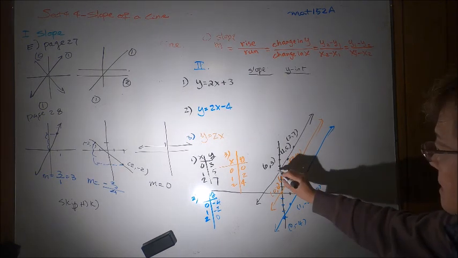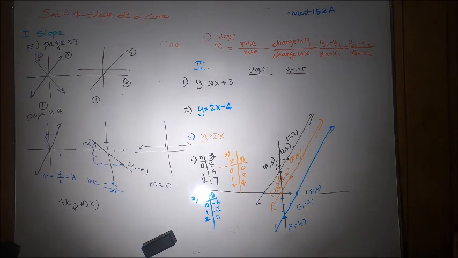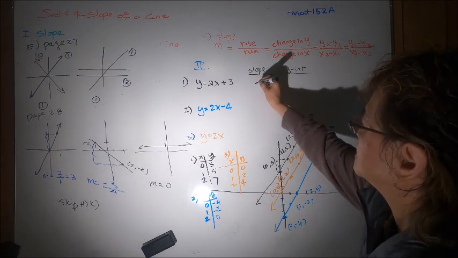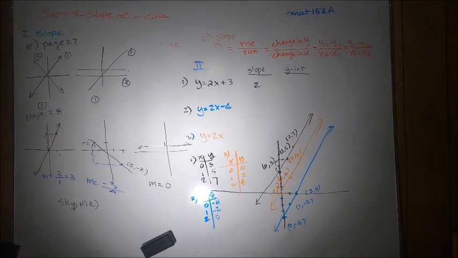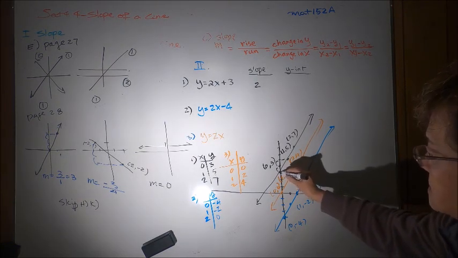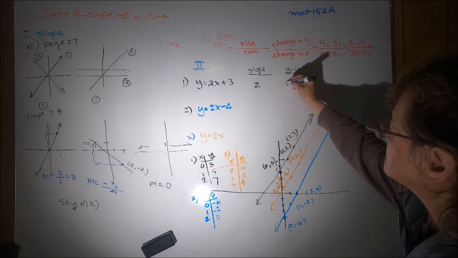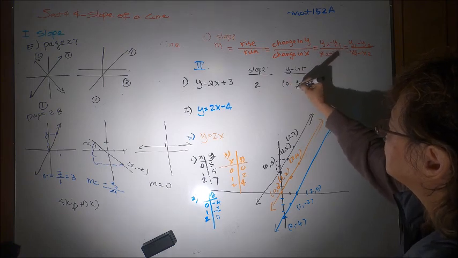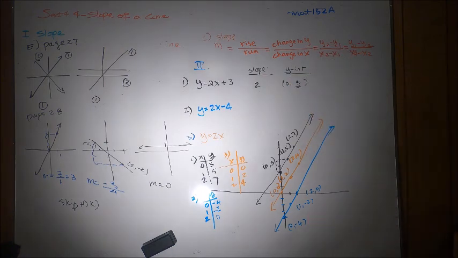Rise over run, 2 over 1. So that would be 2, right? Where is the y-intercept? Right here, (0, 3). It's a 3, right?